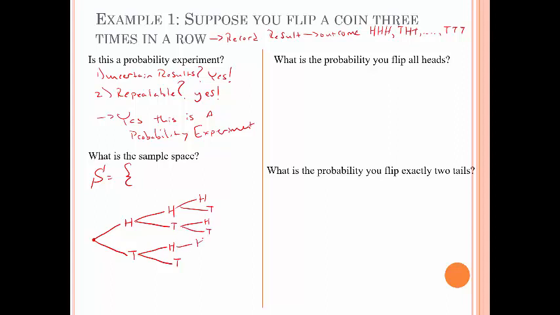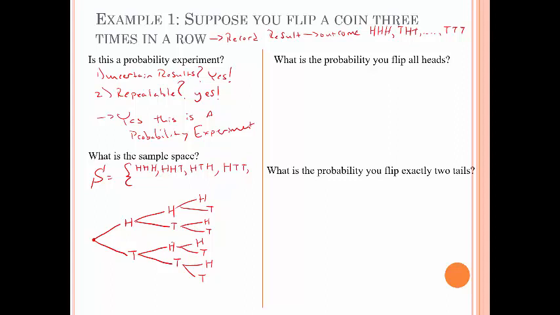You can see that in this tree, each branch is one of the possible outcomes. One outcome is H, H, H. One is head, head, tail. One is head, tail, head. One is head, tail, tail.